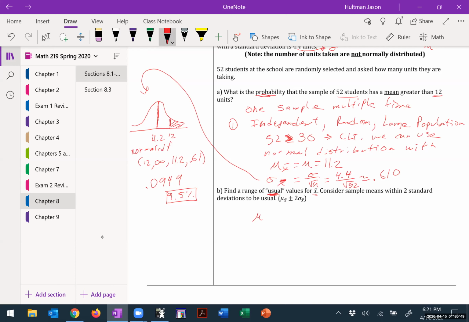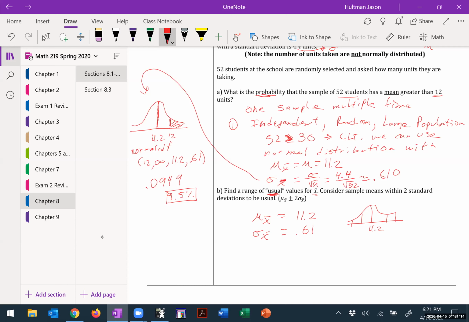Okay, so mu of X bar is equal to, what do we say, 11.2? Sigma of X bar is equal to 0.61. So what do I want? I want 11.2 in the middle, and then I want to go out 2 standard deviations above and down 2 standard deviations below.